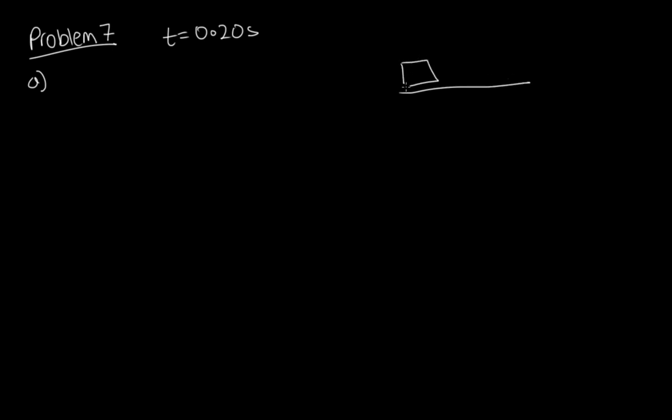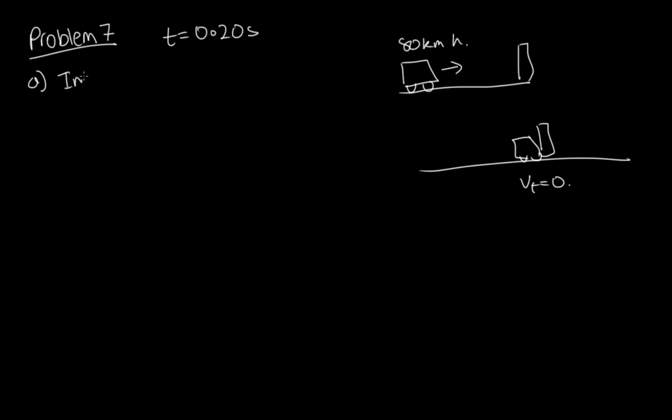So initially, we've got the car travelling at 80 kilometers per hour and the pole, and then after the collision, we've got a stationary car, so V final is equal to 0. So we know that the impulse is equal to the change in momentum, and it's also equal to force times time.